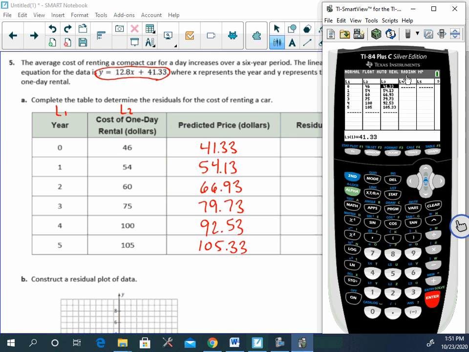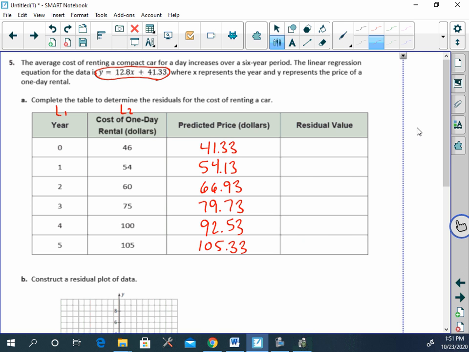So now I want to figure out how to get my residuals over here in my L4, or you can do them by hand if you want. So the residuals, one thing that you really should know about residuals: residuals are equal to the y values minus the predicted y values.